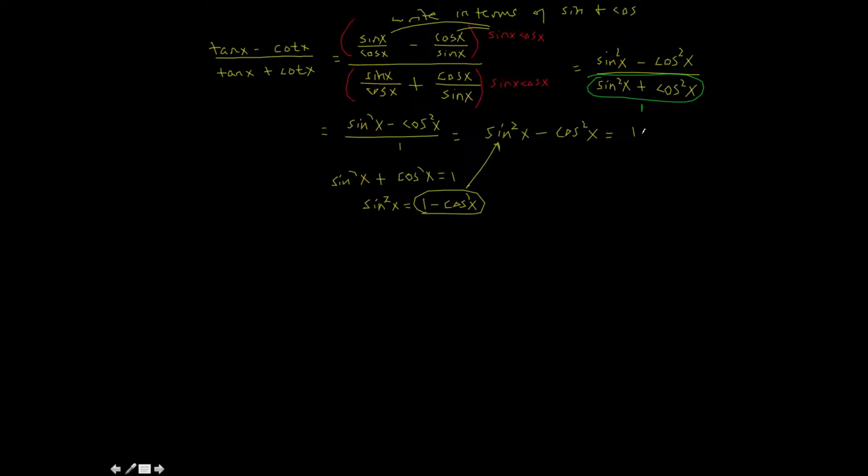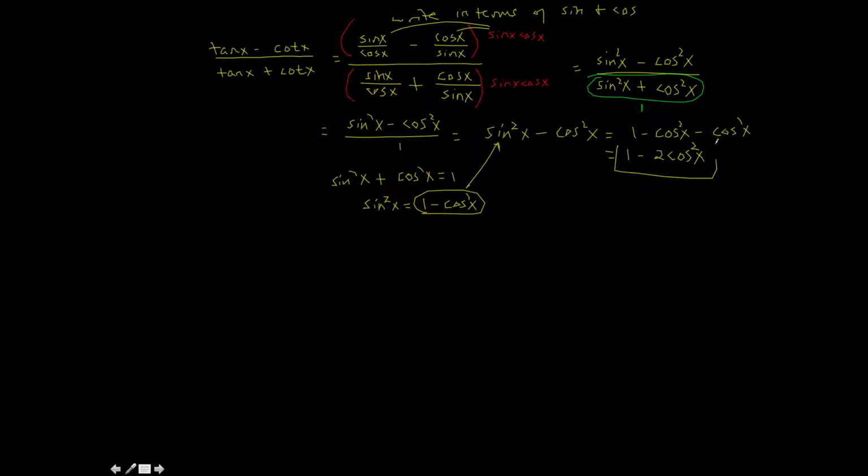And so this is 1 minus cosine squared x minus cosine squared x. Okay, so this is 1 minus 2 cosine squared x. Now, a little later on, we're actually going to have an identity for this to relate this, but you don't have it right now, so this would be your final answer.